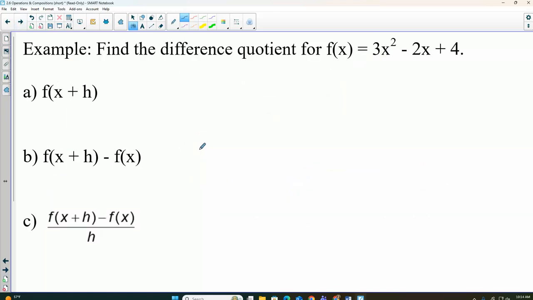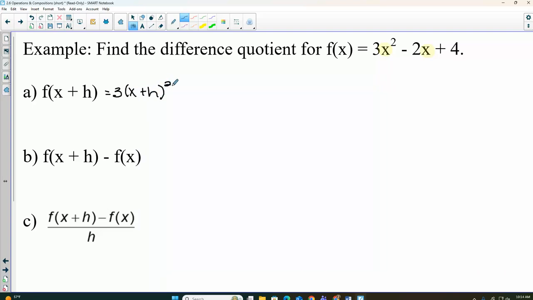Okay, so my expression got uglier. But we know part A is the hardest part. So if we can get A, we can get the rest. What does f of x plus h mean? Both of the x's in the original problem become x plus h.